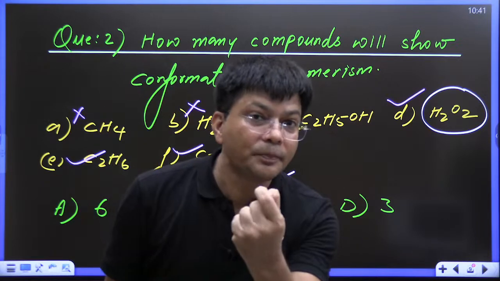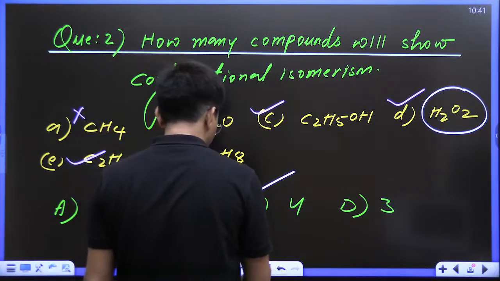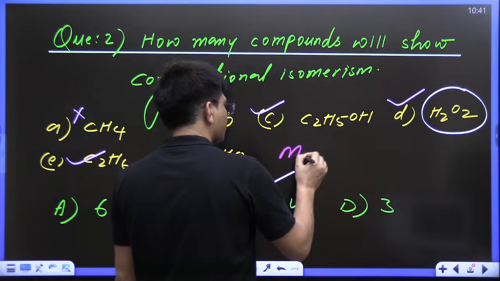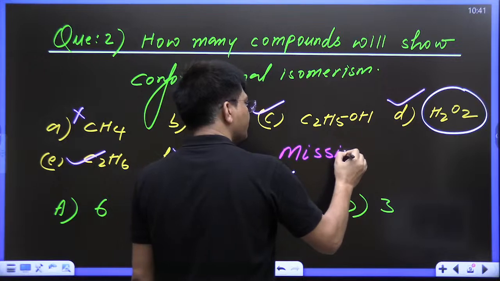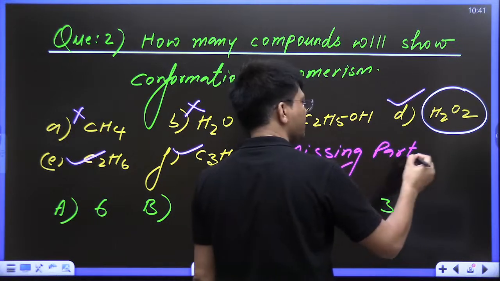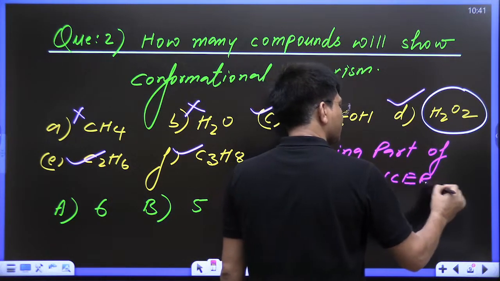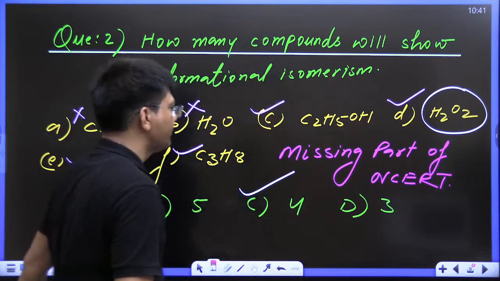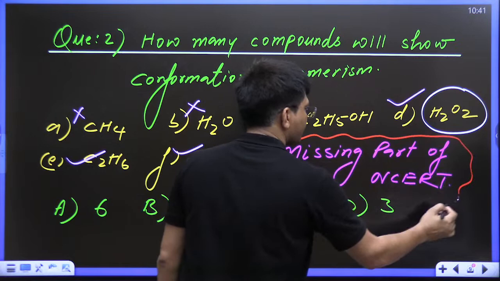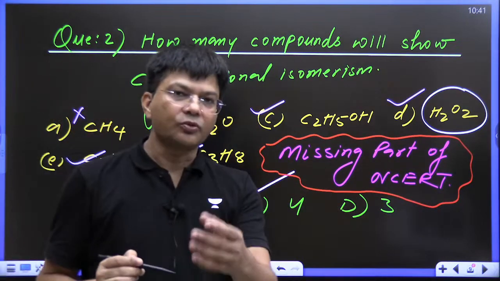This is the missing part of NCERT, kids. This is not given in NCERT. So this is the drawback of NCERT. I would like to say missing part of NCERT. But number of times questions have been asked from it. See kids, that's why kids are failing, because in NCERT this has not been given, but number of times NCERT based questions are there.